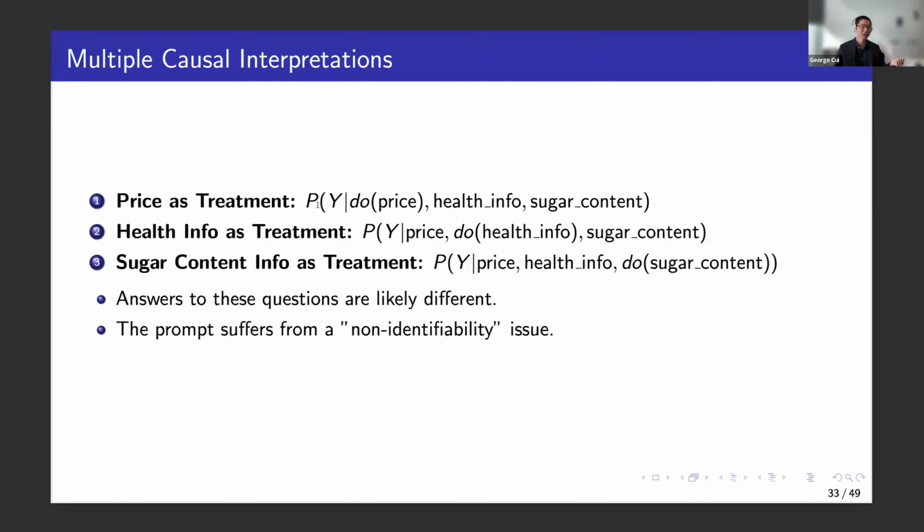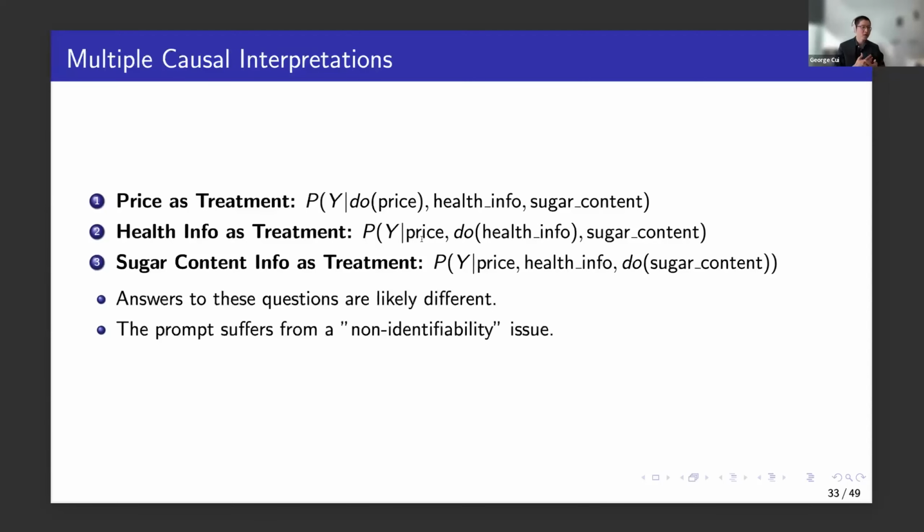The first one could be that price is the treatment, and we're using the do operator notation here, where do represents being assigned a price rather than the customer happening to experience this price. So one possibility is that this prompt is asking what the purchase decision will be when the customer is assigned this price and happens to have this health information, versus what will happen when we randomly assign this customer a healthy article and the customer happens to see this price.